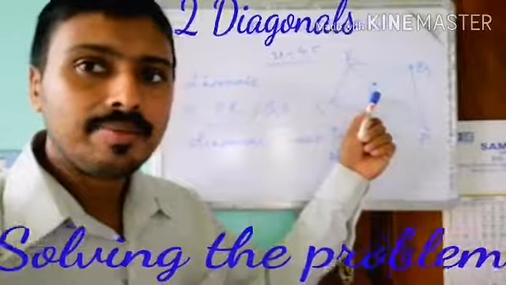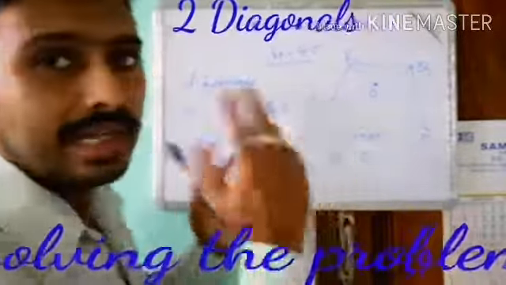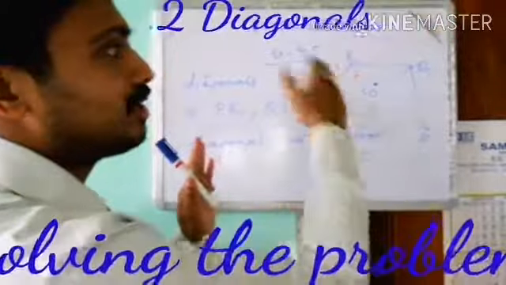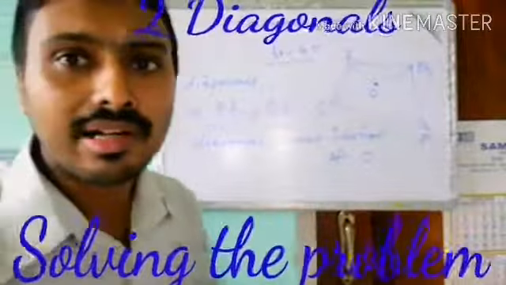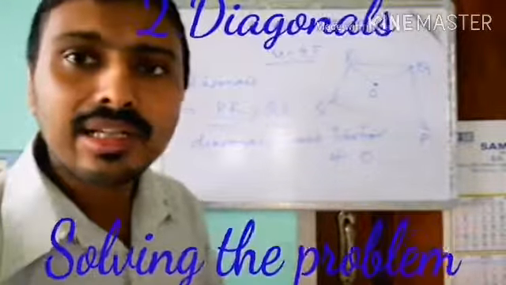What are diagonals? Diagonals are the line segments joining opposite vertices. There are two diagonals in the case of a quadrilateral. There are no diagonals in a triangle. Thank you.